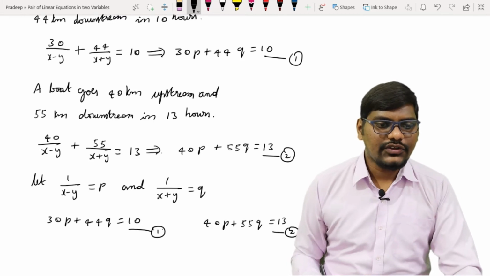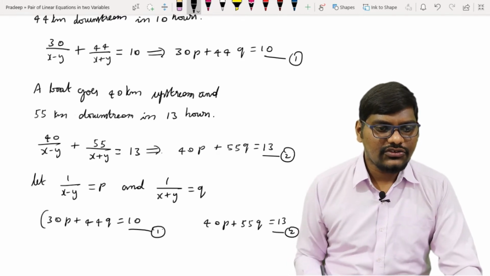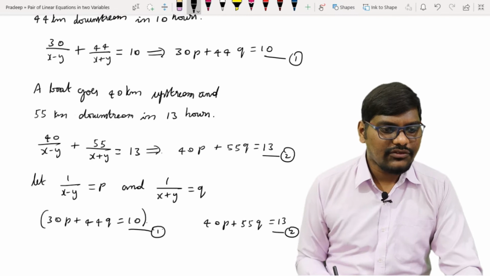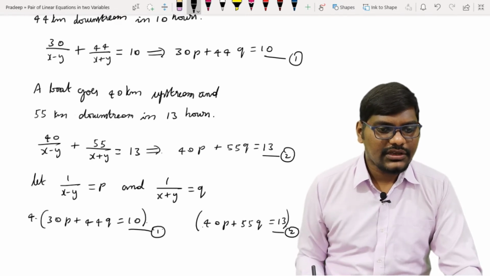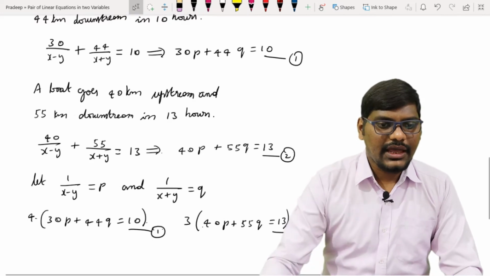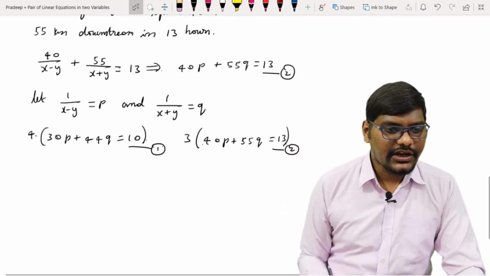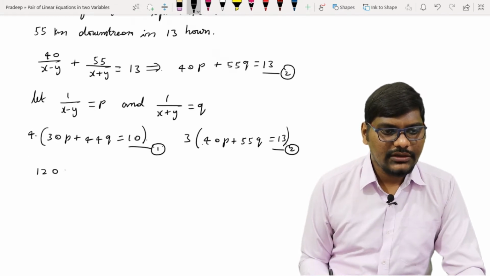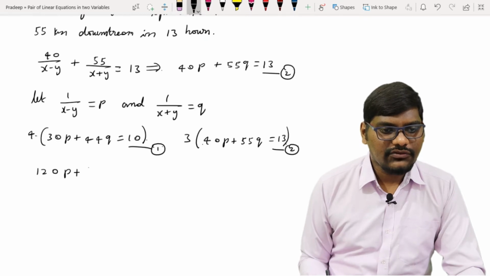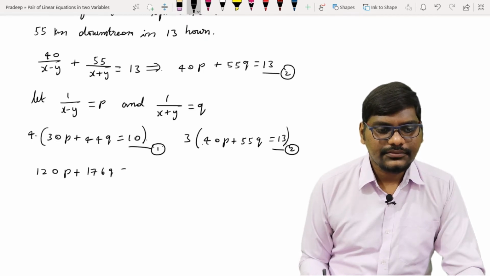For that, I multiply the first equation with 4 and the second equation with 3, and we will solve it. So 4 3s are 12, so I can write 120p plus 4 into 44, that gives us 176q.